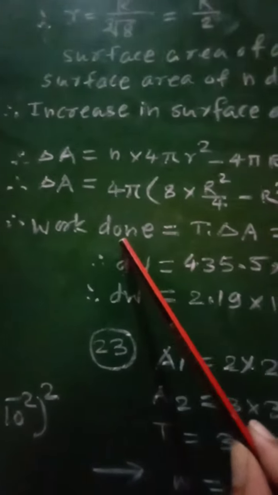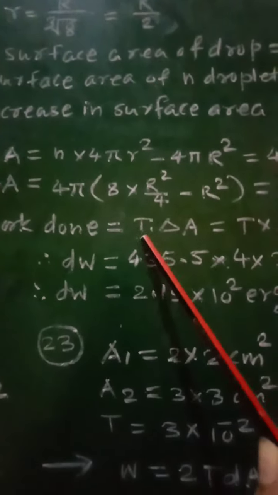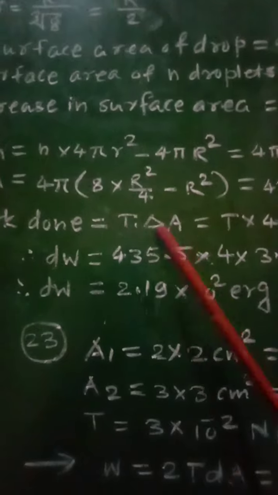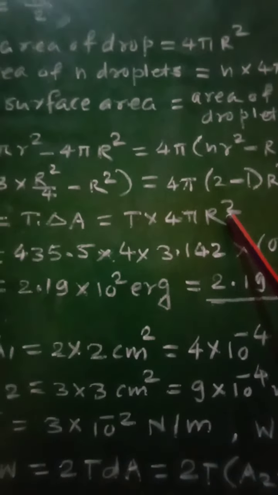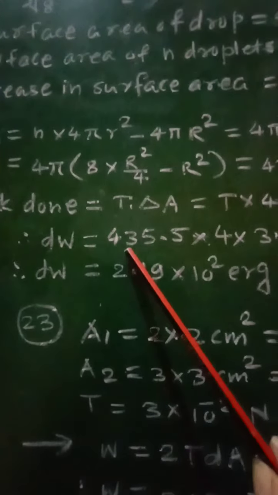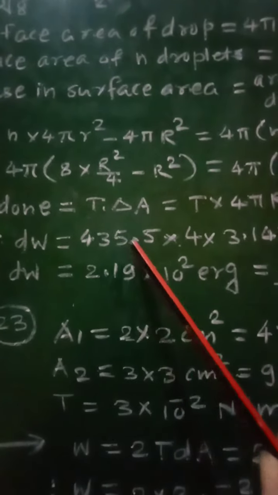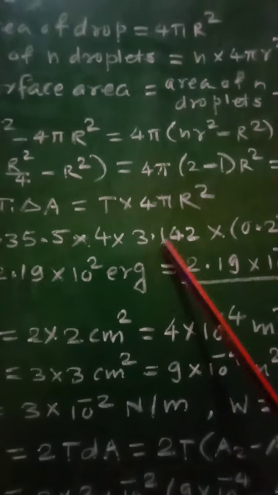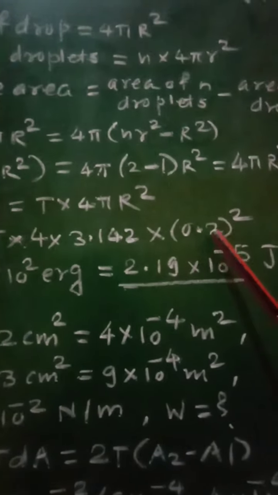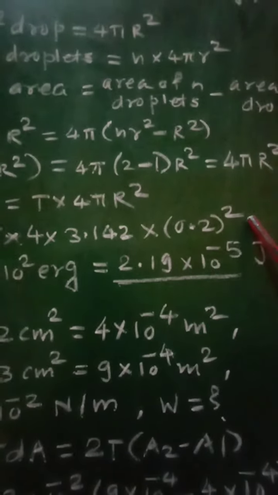Therefore work done dW equal to T into delta A, that is equal to T into 4 pi R square, and therefore dW will be equal to 435.5 into 4 into 3.142 into 0.2 square.